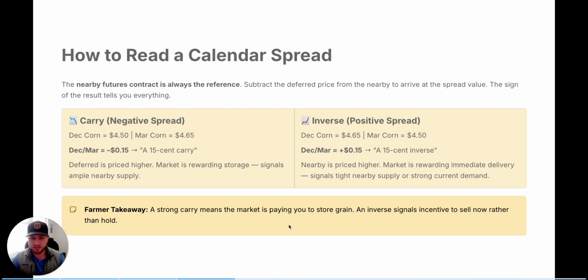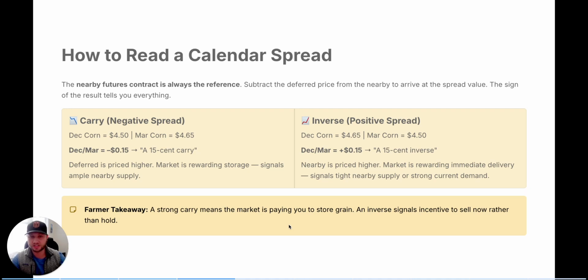But what we really want to think about as some takeaways is that a strong carry is a market paying you to store your grain. That is them saying essentially supply and demand is relatively well balanced, that we are not needing all of your product right now, but we will need it later on.